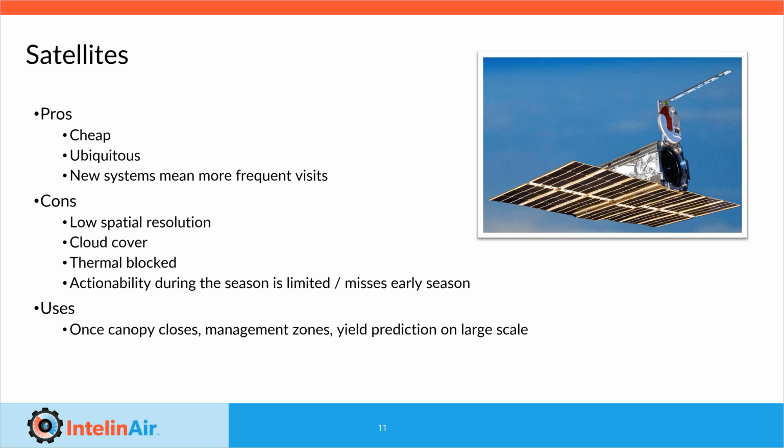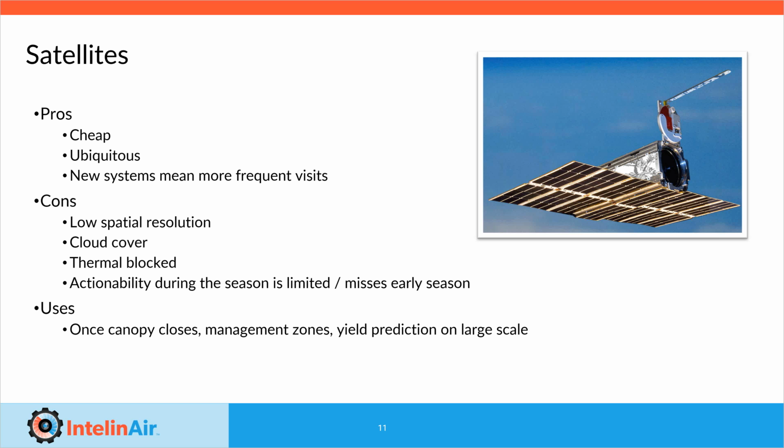More and more satellite systems are going up, which is significant because one of the Achilles heels of a satellite is that clouds block it. The more satellites you have, the more probability that you're going to be able to get an image without the cloud cover blocking it.